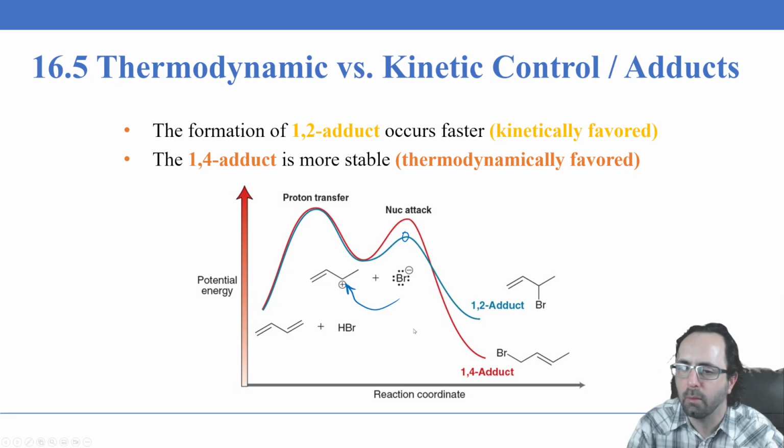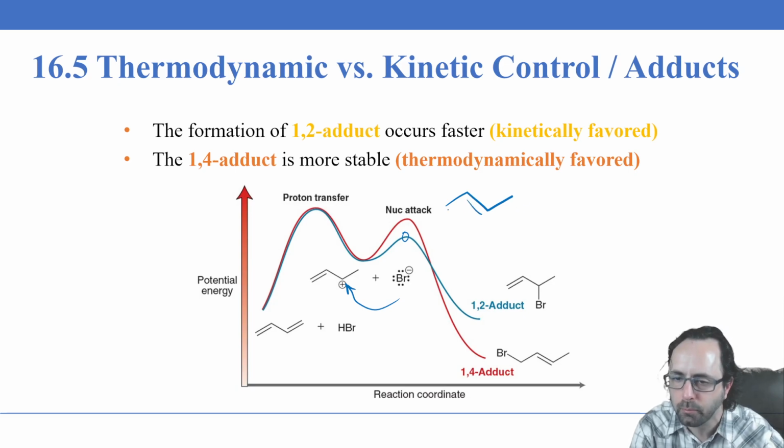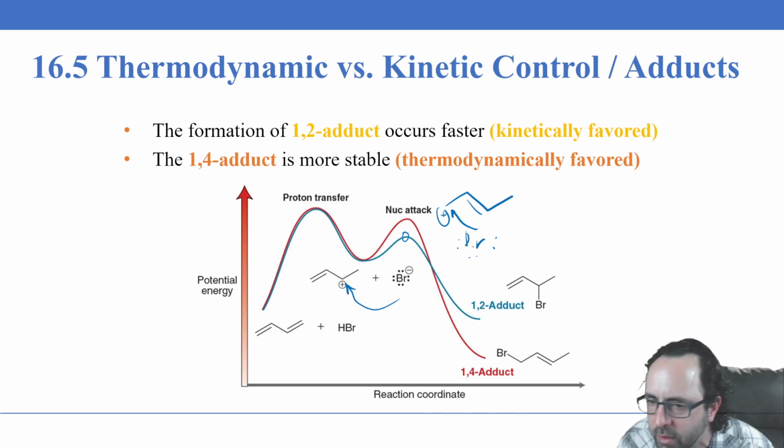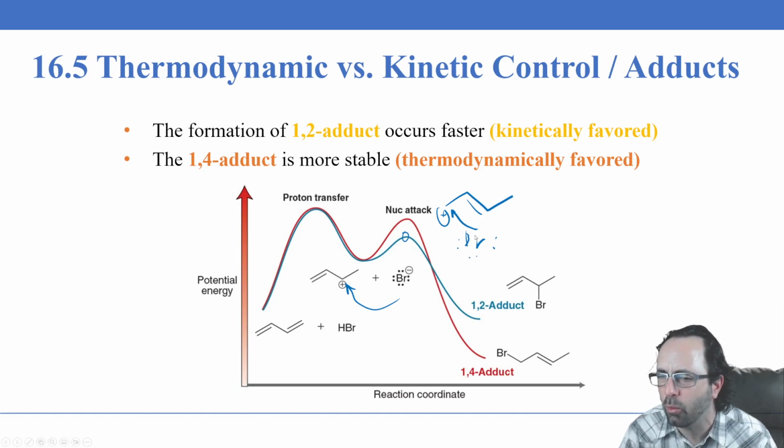However, the 1,4 adduct will be produced when the carbocation is over here, and so the bromide is going to be attacking right here. This produces a higher energy transition state. You can imagine why. Part of it is that you have to have more of this partial positive charge on a less substituted carbon. It's almost like a primary carbocation versus a secondary.